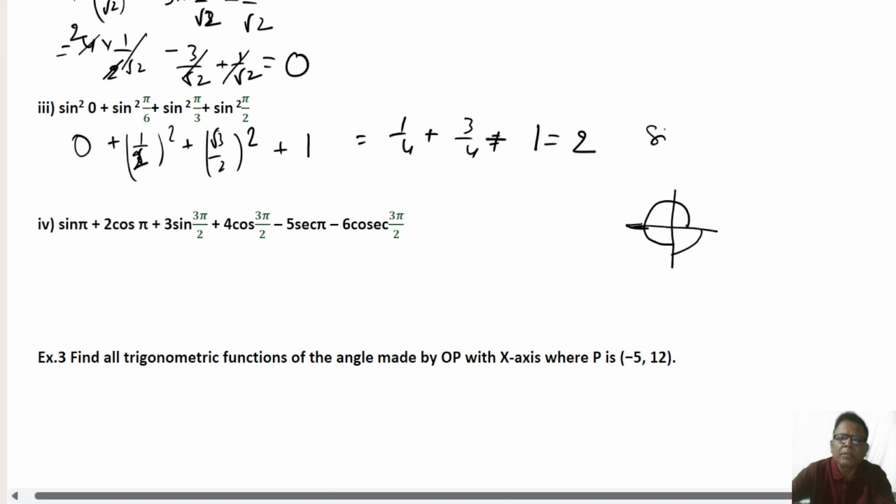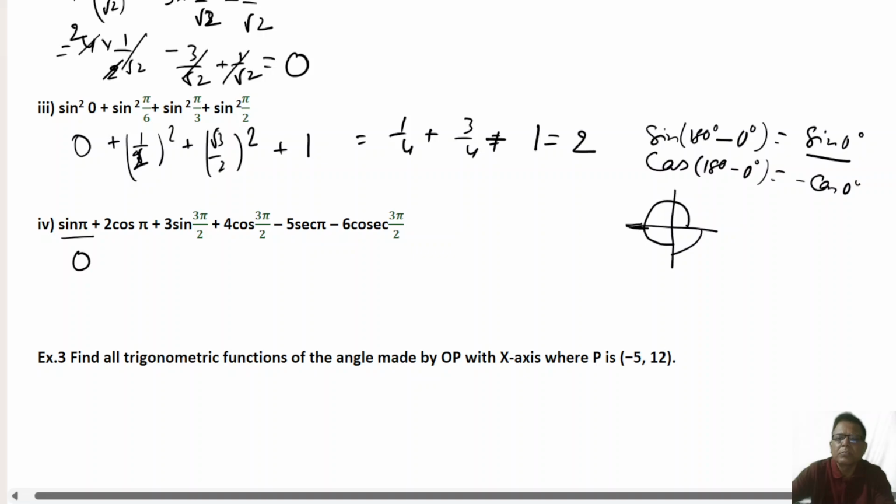Now use our formula, sin 180 degree minus 0 degree is equal to sin 0 degree. So this will be 0. Cos pi, cos 180 degree minus 0 degree is equal to minus cos 0 degree. So minus cos 0 degree is minus 1.